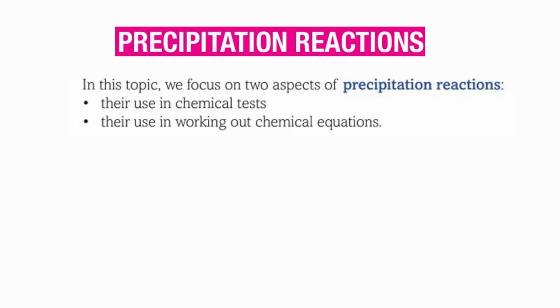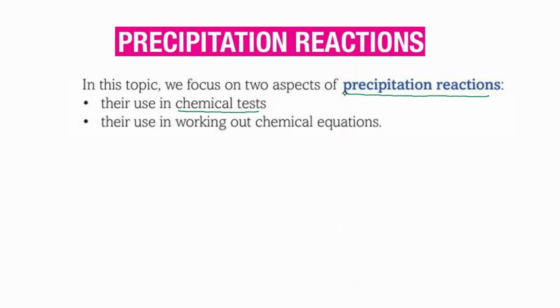Now there are two aspects to it, and these precipitation reactions are of utmost importance for us. On the basis of the precipitate which is being formed, we can use them as a chemical test.